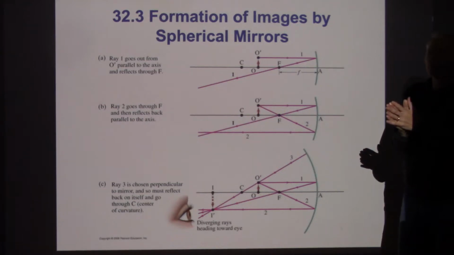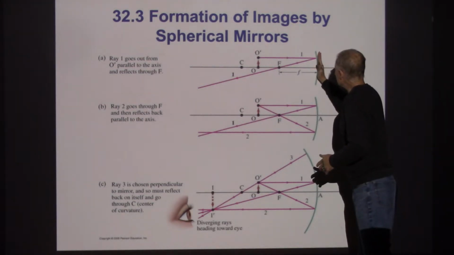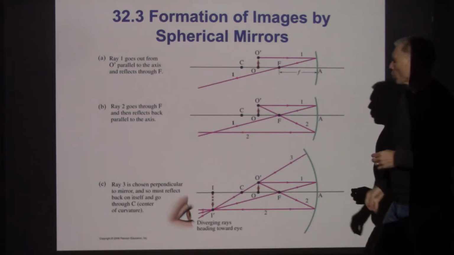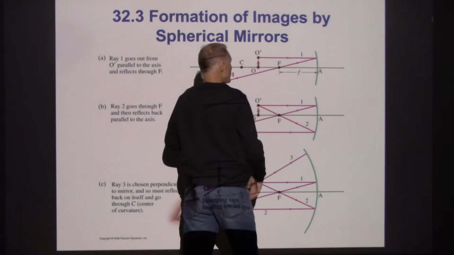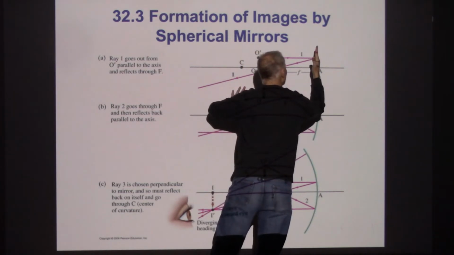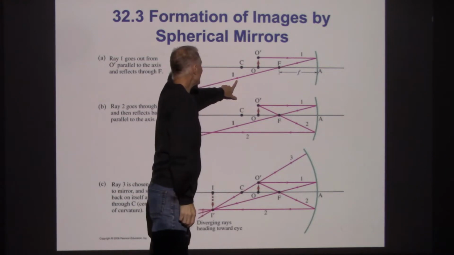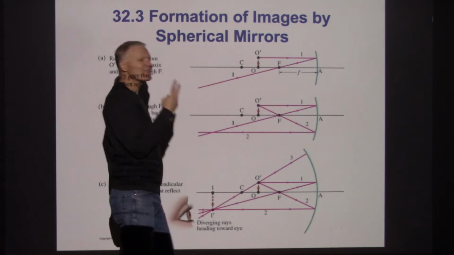Even though there's a curvature, if you just draw a straight line for the mirror, that works. The diagrams will work correctly if you do that. So you can draw a little curvature if you want to try that, or you just go with the straight line.